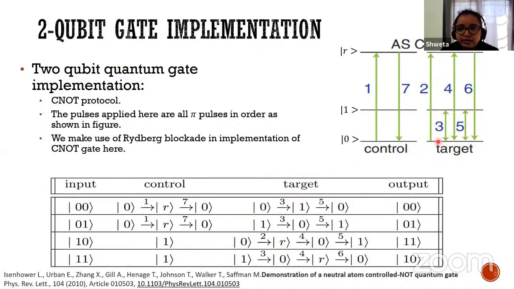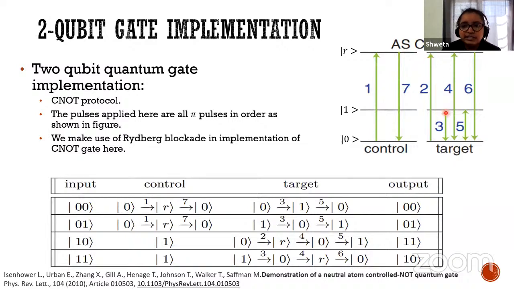The target atom is also in the 0 state initially. We again apply a pi pulse, the second pulse, on the target atom, but it will not send that atom from the 0 state to the Rydberg state, because the control atom is already in its Rydberg state. So Rydberg blockade comes into the picture here.